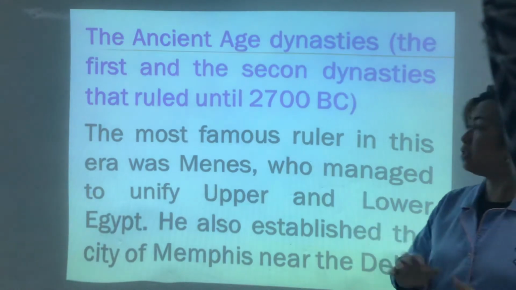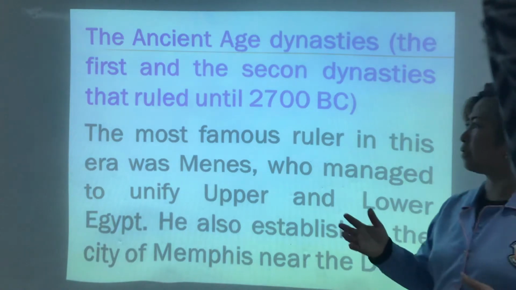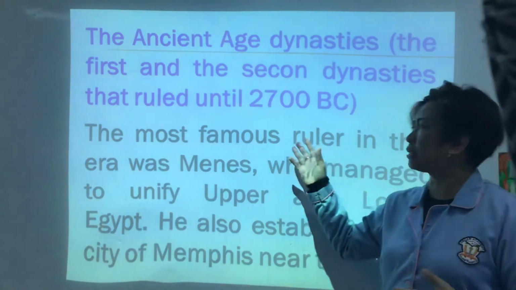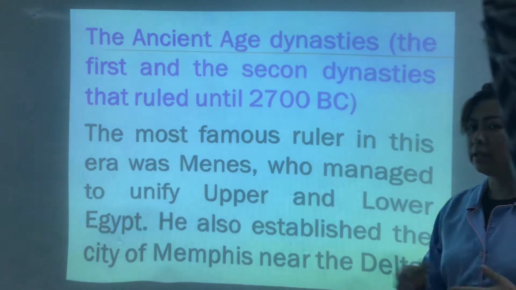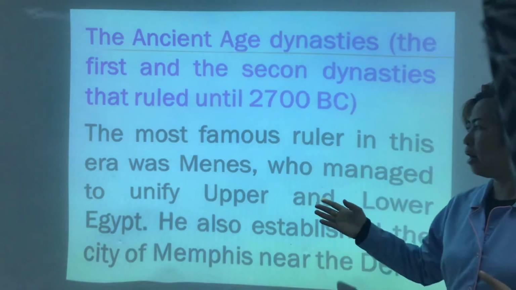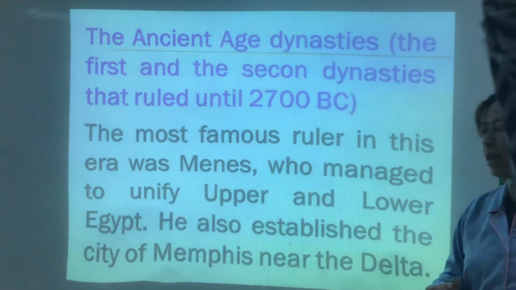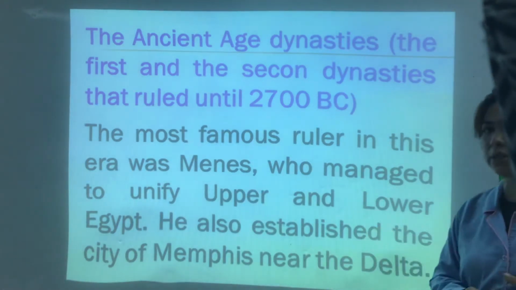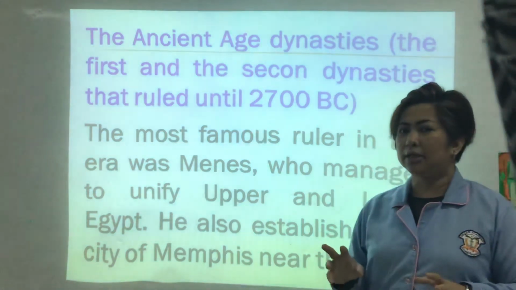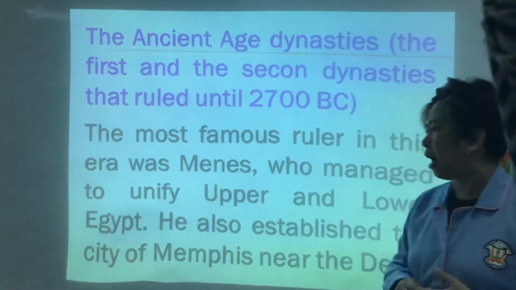Now, the ancient age dynasties, the first and the second dynasties, ruled until 2700 BC. The most famous ruler in this era was Menes, who managed to unify Upper and Lower Egypt. He is the one who united Egypt from the lower part to the upper part.